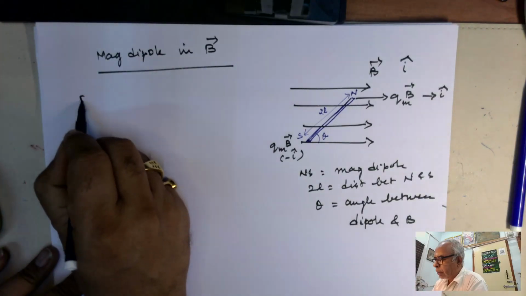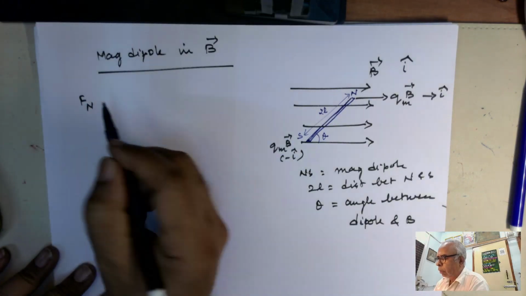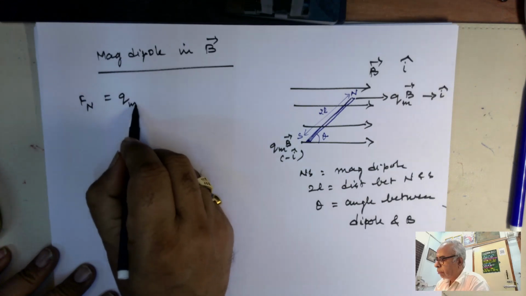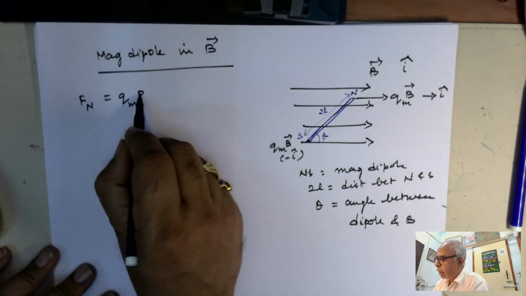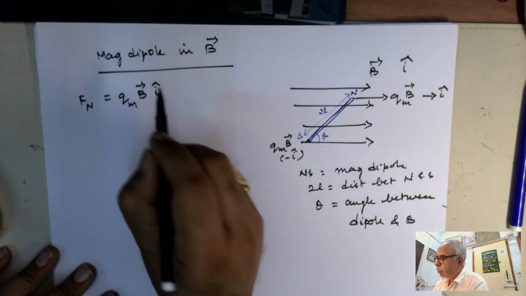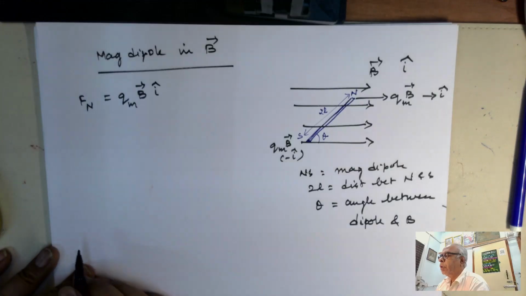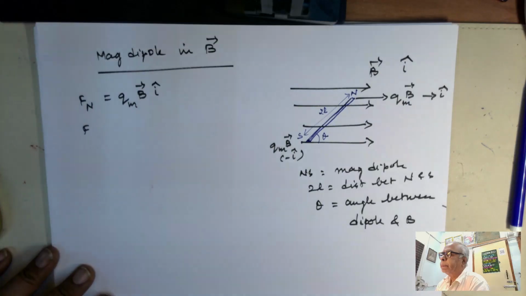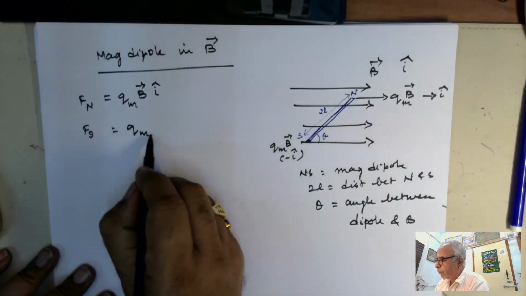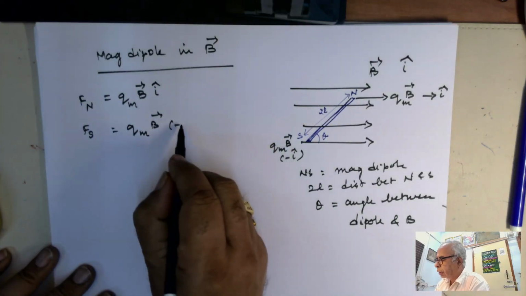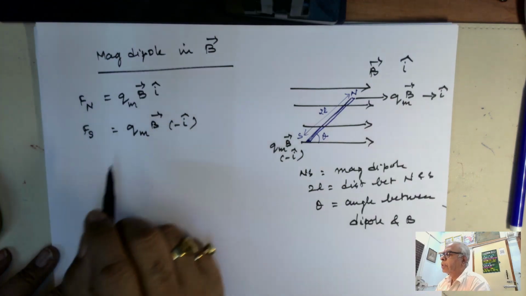Here the force experienced by north pole of the dipole is given by QM, pole strength, into magnetic field vector towards I cap, that is positive x direction. And the force experienced by south pole is QM B vector, but that is in the minus direction, that is in the left. So minus I cap.